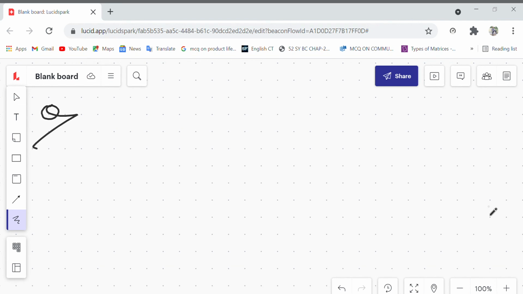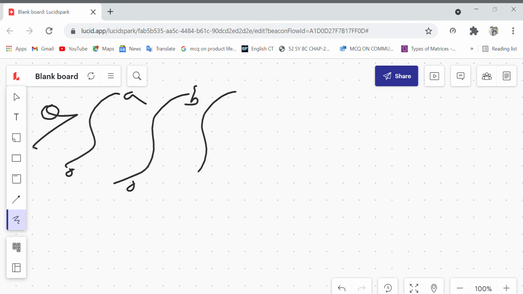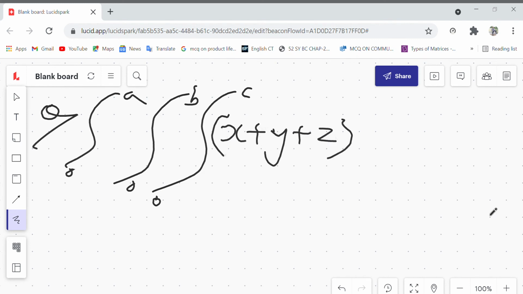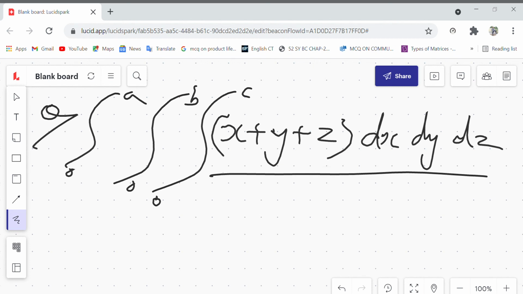So the integration of 0 to a, 0 to b, 0 to c, x plus y plus z, dx dy dz. What to do over here? First is dx, then dy, then dz.